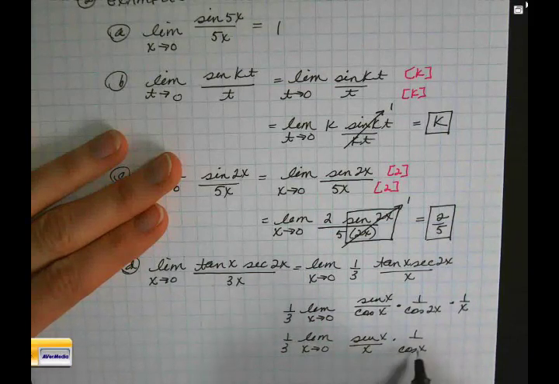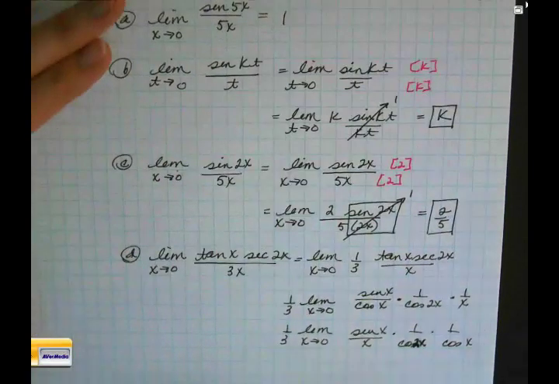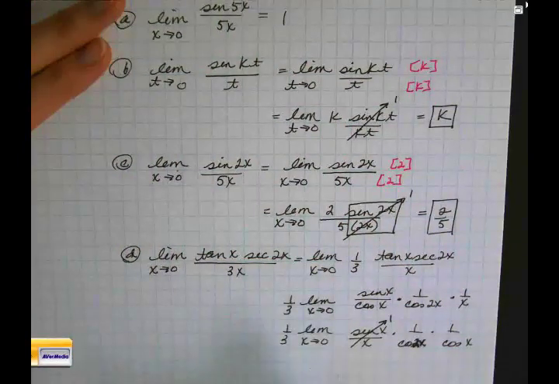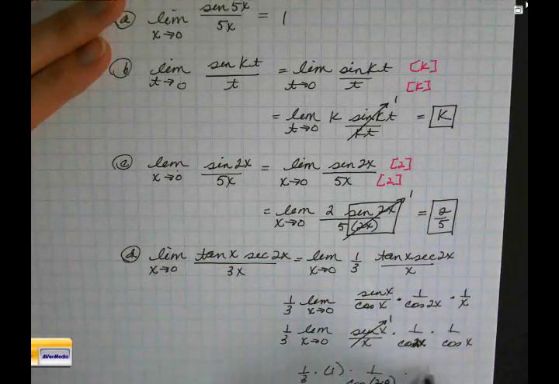Over the cosine 2x, and we still have a cosine x down there. This is going to become 1, and times 1 over cosine of 2 times 0 times 1 over cosine of 0.